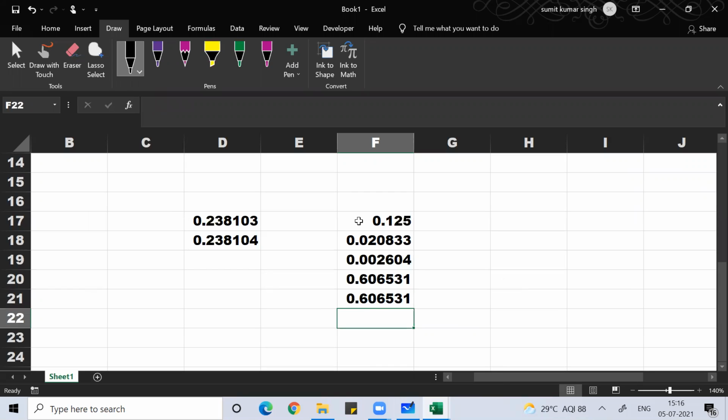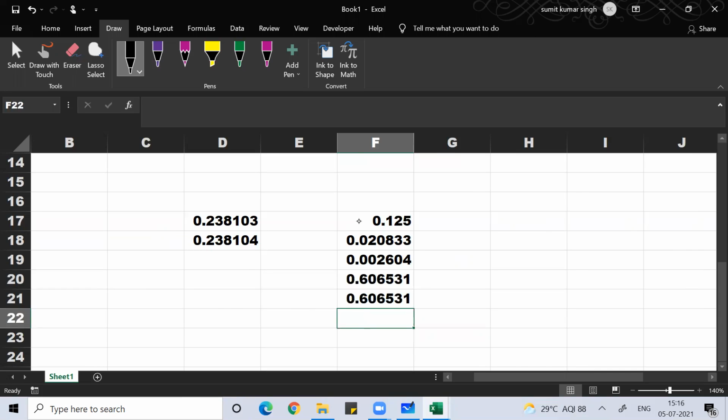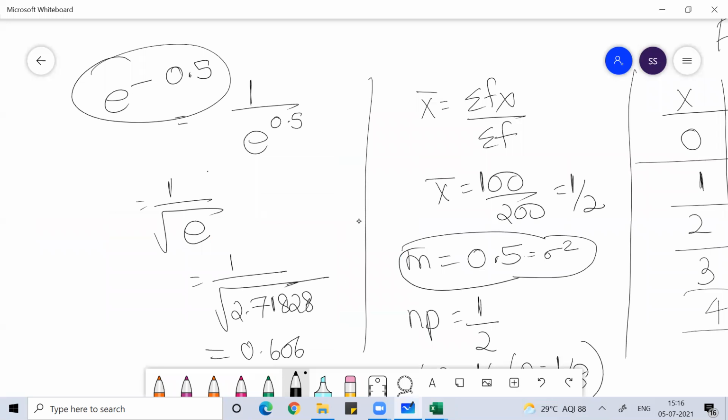You can see both give you the same answer. It doesn't matter whether you use the e function or not, you will get the same answer. Correct, right? Everyone understanding? Clear everyone? Anyone have any doubt?